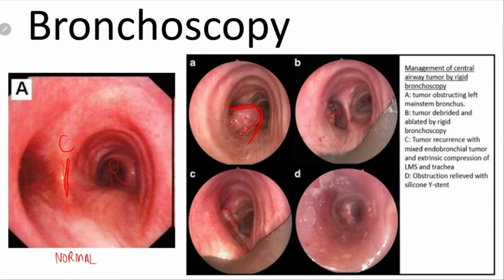There is a recurrence of the tumor later on, and there is obstruction relieved by the silicone Y stent. So basically, you need to know that bronchoscopy is useful in prognosis of the tumors occurring in the tracheobronchial tree.